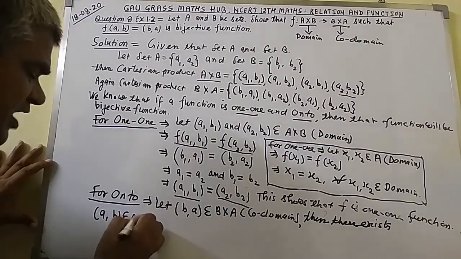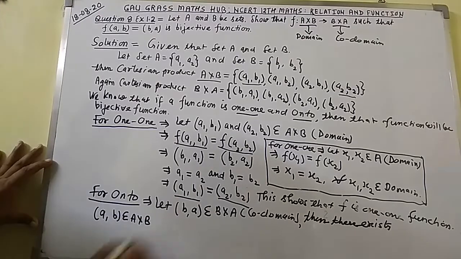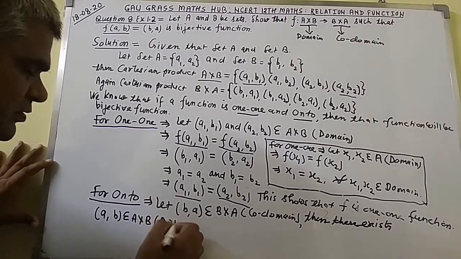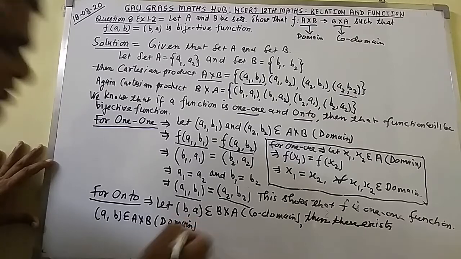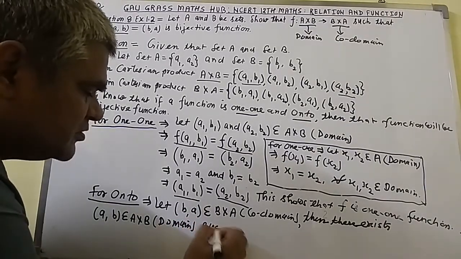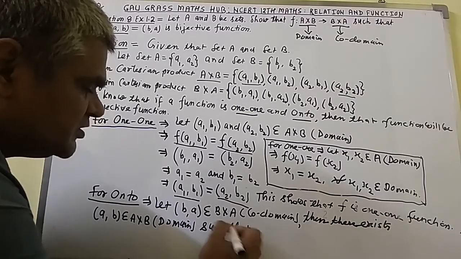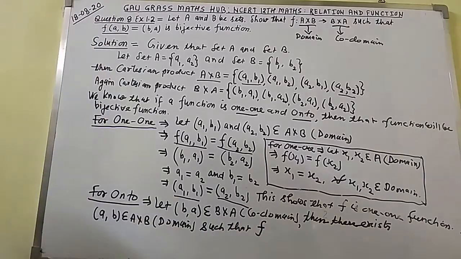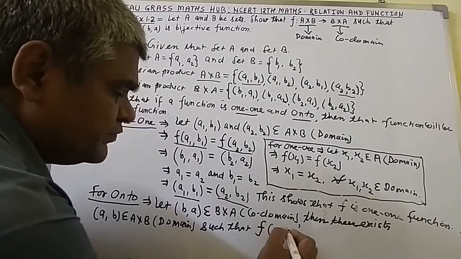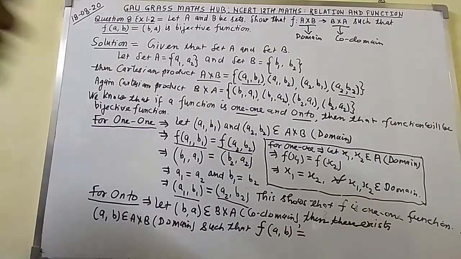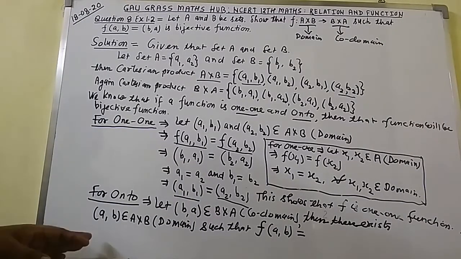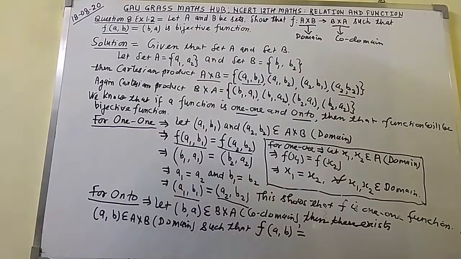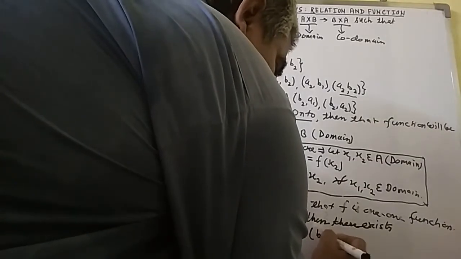So here write A cross B, this is domain, such that the image of ordered pair a, b equal to range, that will be written here ordered pair b, a.